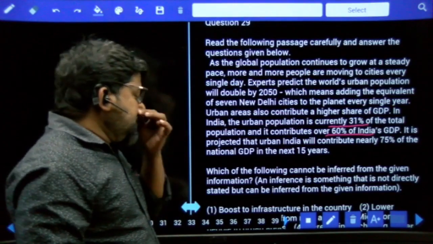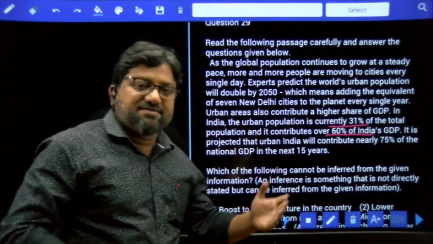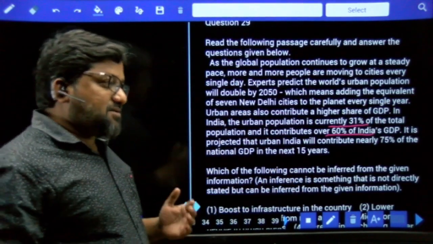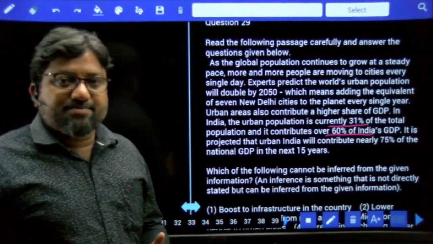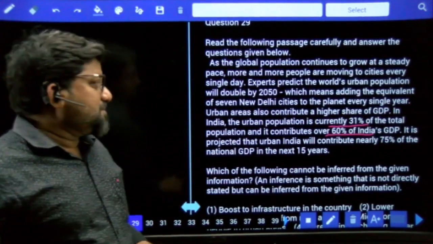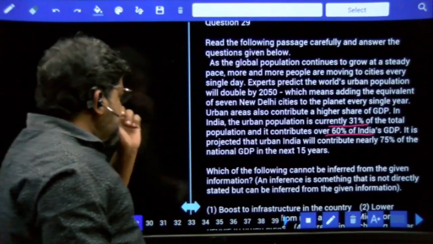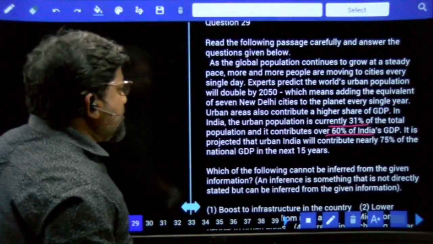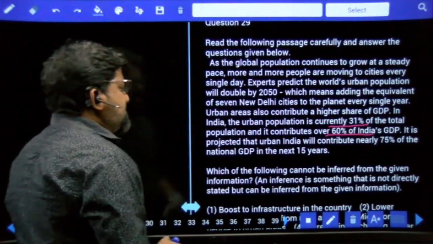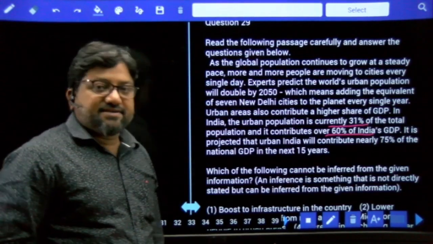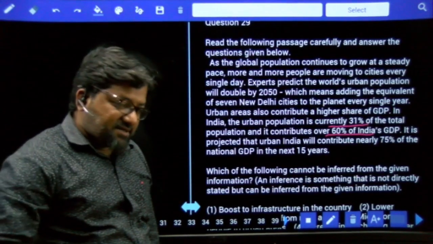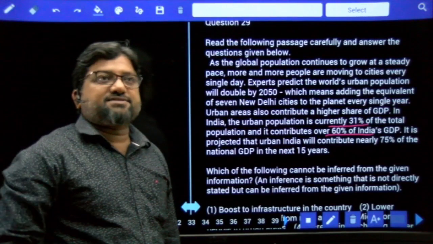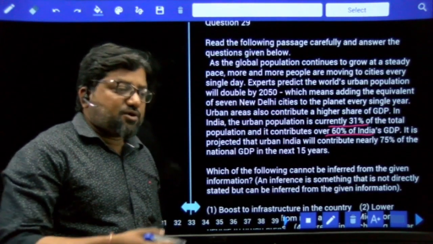Only 31% of the Indian population lives in urban areas, but they contribute 60% of the GDP. It is projected that urban India will contribute nearly 75% of the national GDP in the next 15 years. So urban areas will contribute to the GDP.